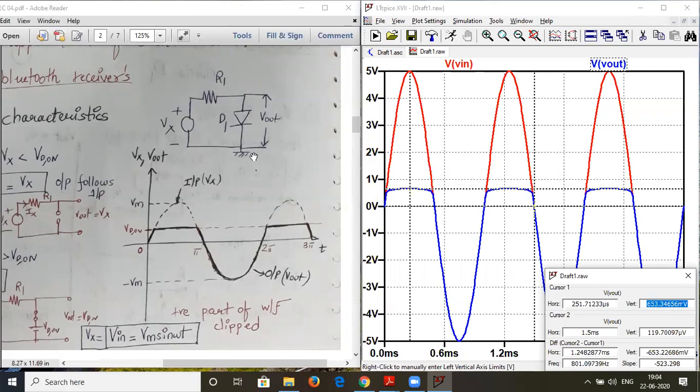And whenever the diode is off, my output is following the input. So this entire negative half cycle is following the input. In the negative half cycle, the diode is entirely off, and it is off until the input voltage is less than VD on, that is in this case 0.653 volt.